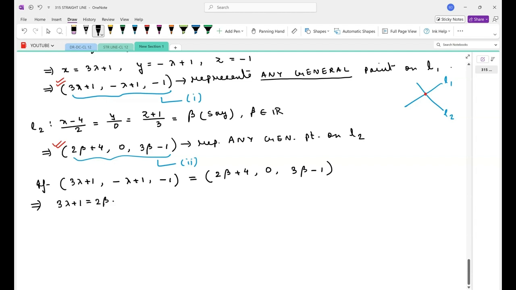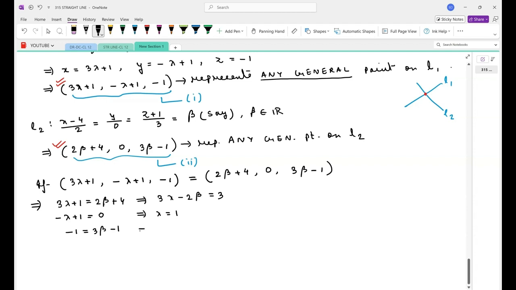which on simplification gives 3 lambda minus 2 beta equal to 3. Then minus lambda plus 1 equal to 0, that is the second one. So from here we get lambda equal to 1. And the third coordinate is minus 1 equal to 3 beta minus 1.